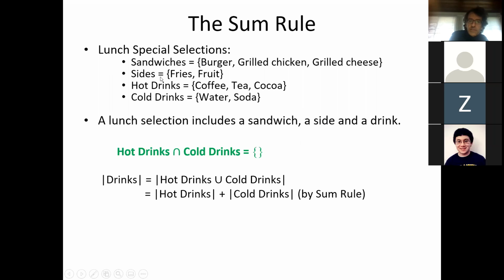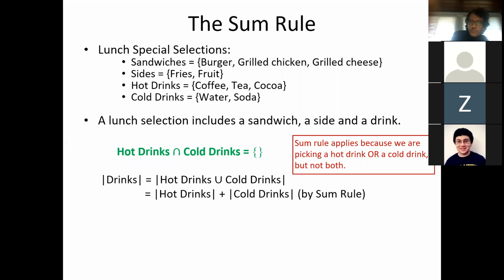But importantly, the union of these two sets is non-intersecting. So drinks is just the sum of how many hot drinks you have and how many cold drinks you have, and that's the sum rule. It's also important that a selection involves an element from the union. It does not involve a separate element from here and a separate element from there. In other words, you don't order both a cold one and a hot one. You order one of them.